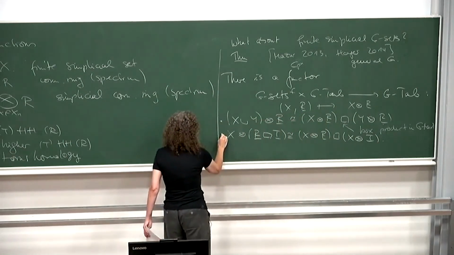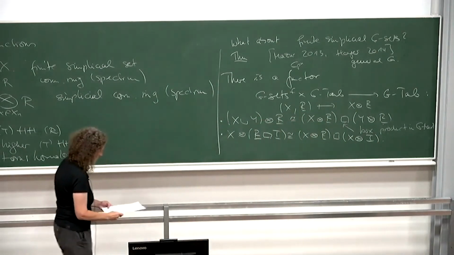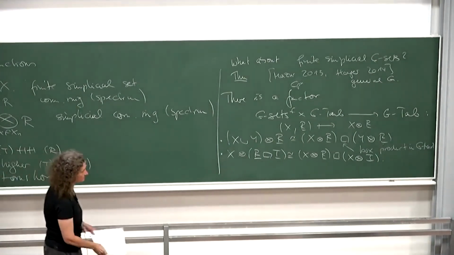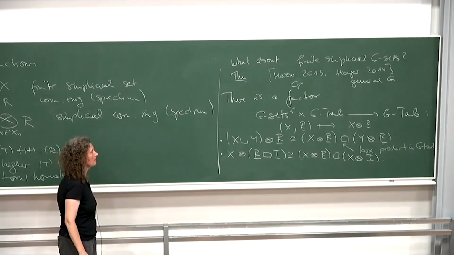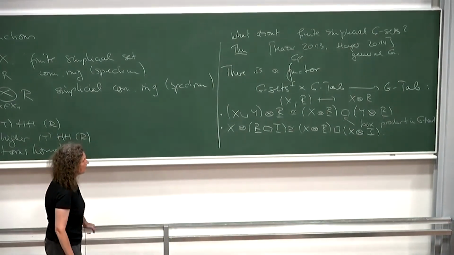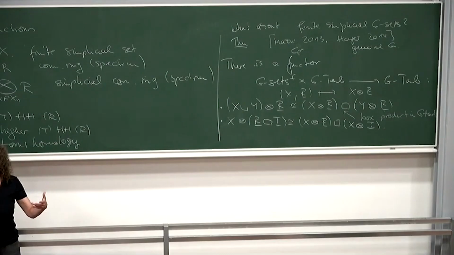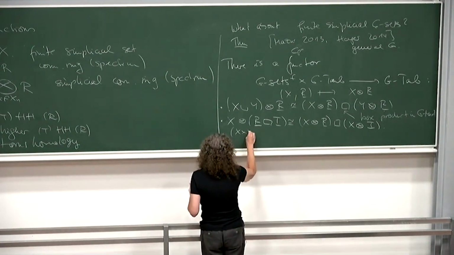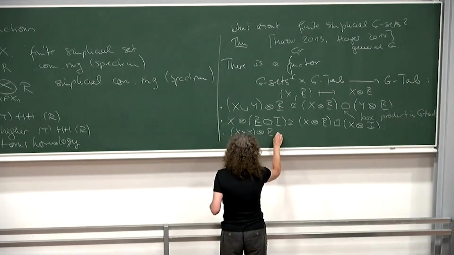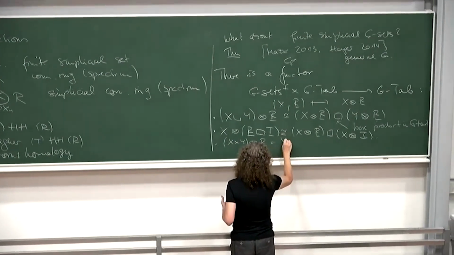So these are sort of coproduct formulas. And then you want two more things. Products should go to iterations. So X times Y tensor R should be the iterated tensor product.